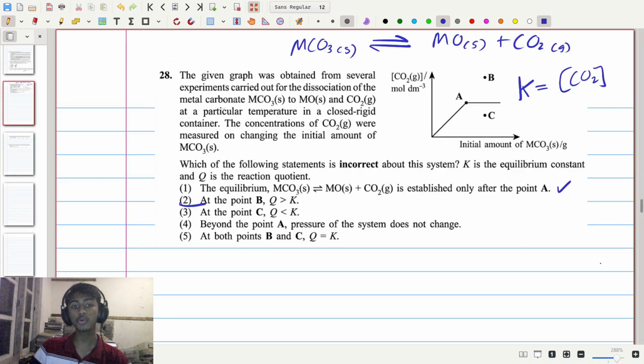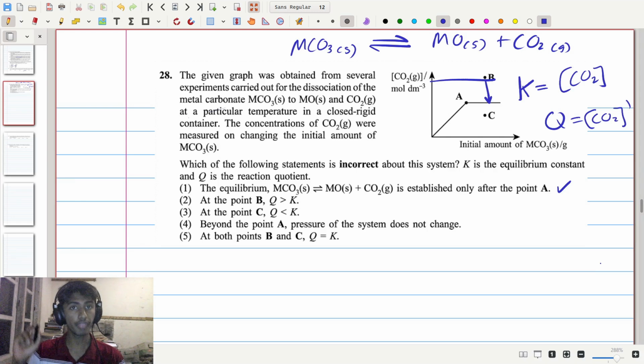Now moving on to number 2, it says at the point B, Q is greater than K. Now at B, the concentration of CO2, which is Q in this case, is going to be equal to some value of CO2, let's say CO2 concentration dash, which is higher than the equilibrium concentration K. And therefore, it is in fact correct in saying that Q is greater than K. So statement 2 is also correct.